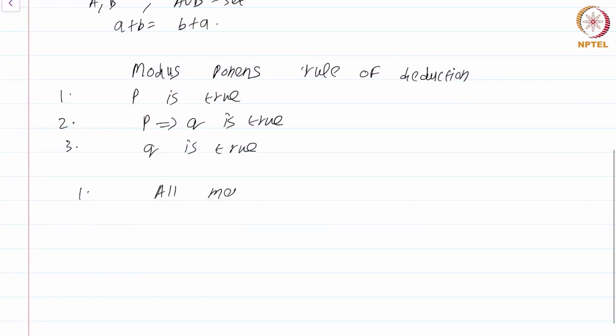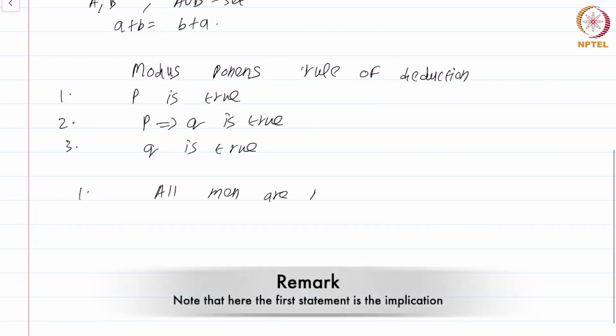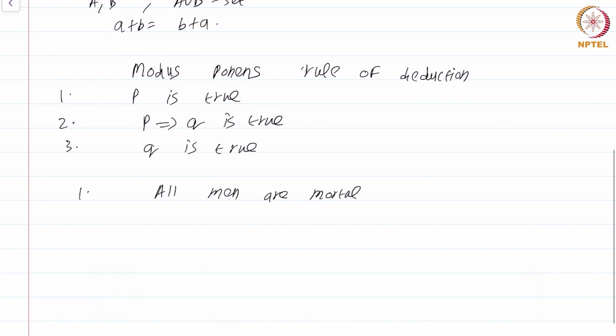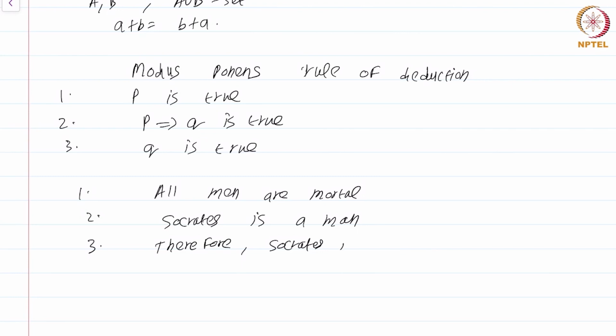One, all men are mortal. This is taken to be true. Two, Socrates is a man. Three, therefore, Socrates is mortal. This is the classical illustration of this rule of deduction called modus ponens.